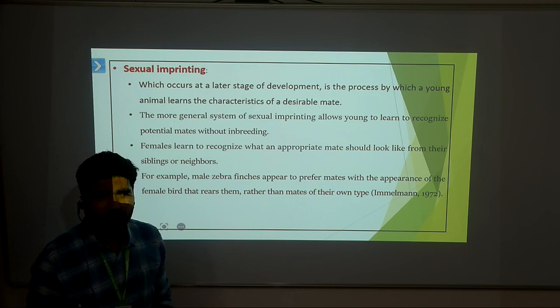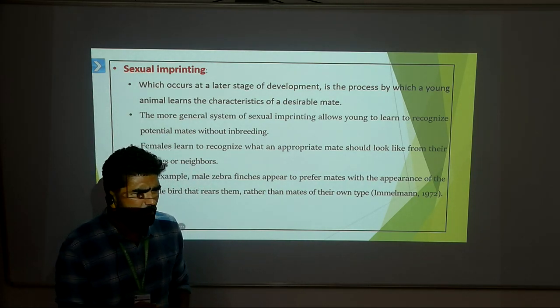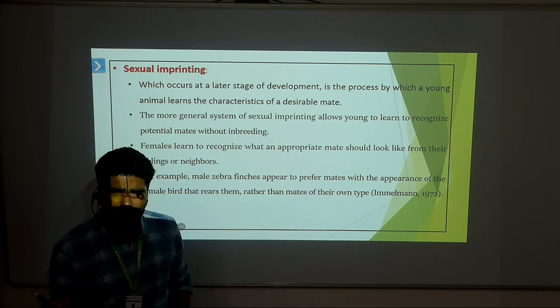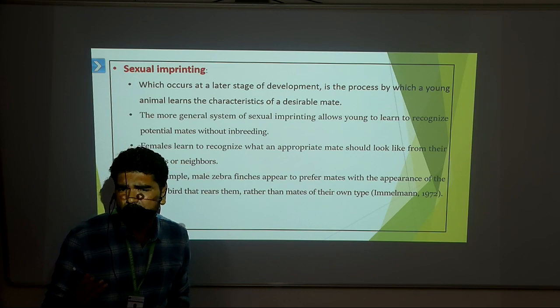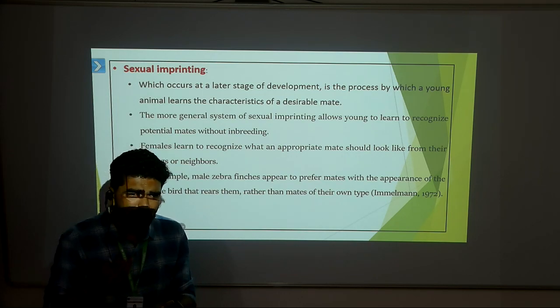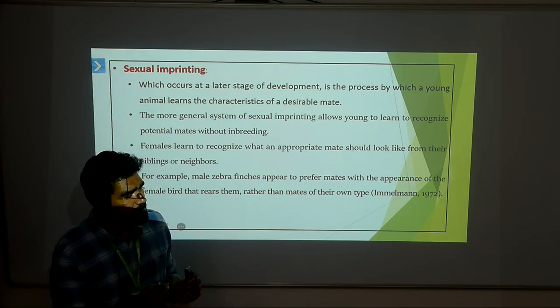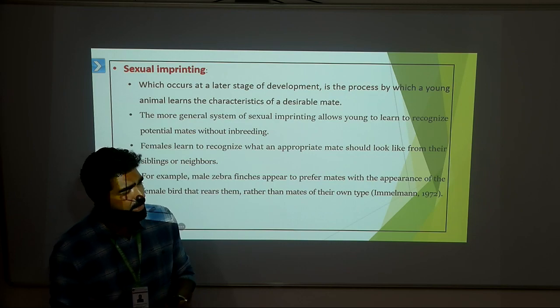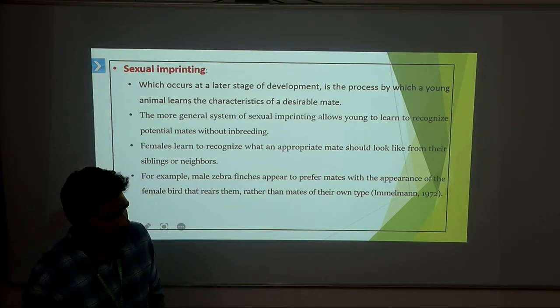Next is sexual imprinting. This imprinting occurs only at the particular age when the sexual organs get developed or hormones are released from their body. Then the young animals know the characteristics of a desirable mate.